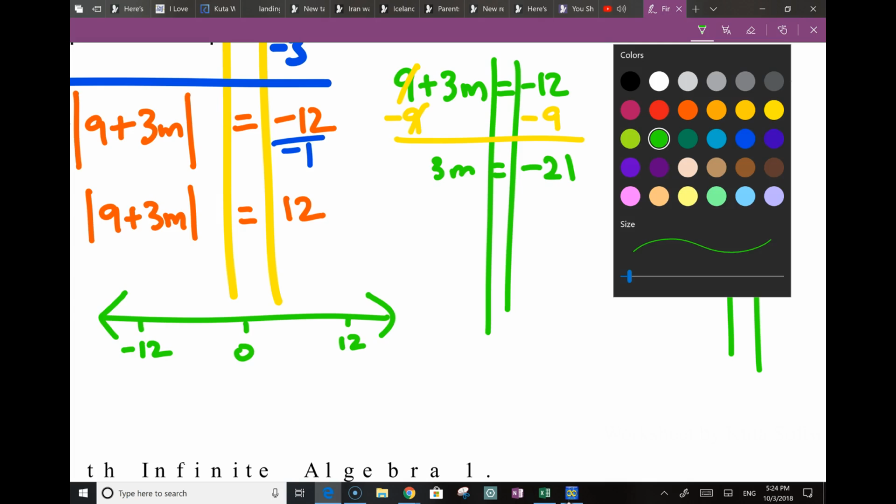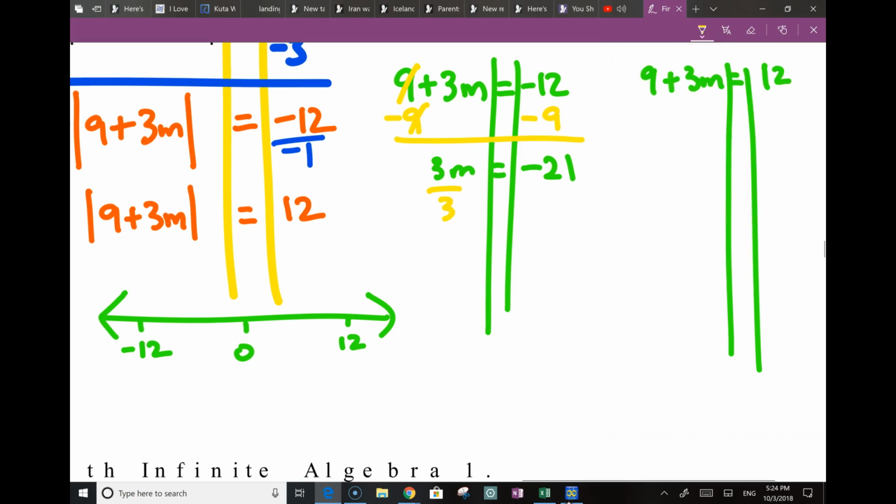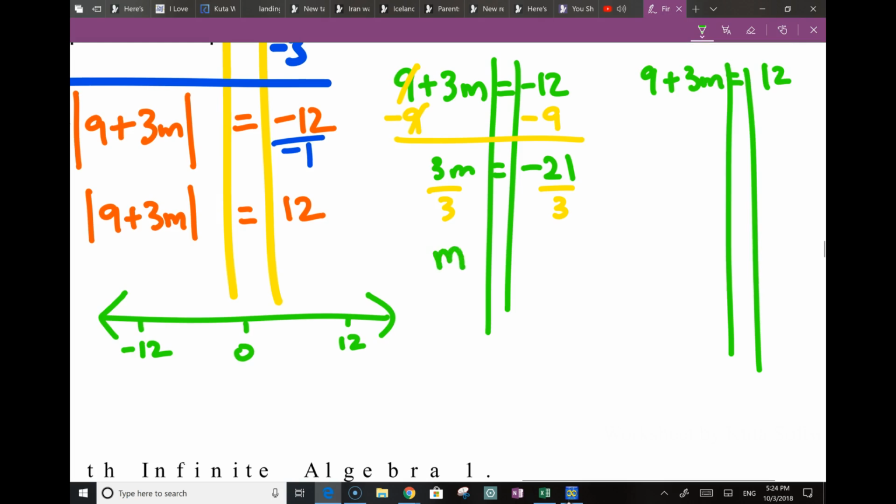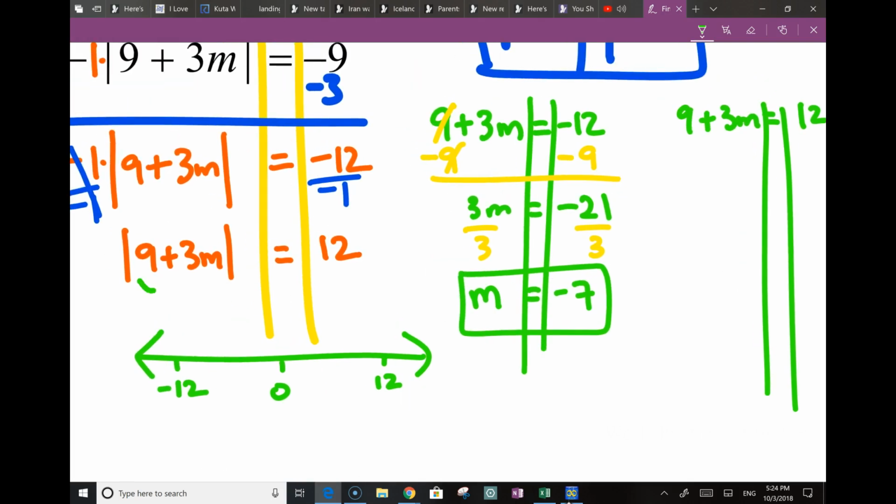And then when I divide by 3 on both sides, what I get is m is equal to negative 7. So first answer, if you want everything inside this absolute value to become negative 12, which is what I have right over here, then you need to make m into a negative 7. That's going to turn it into a negative 12.